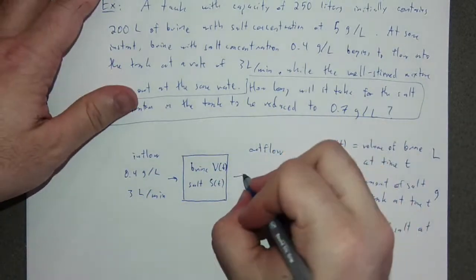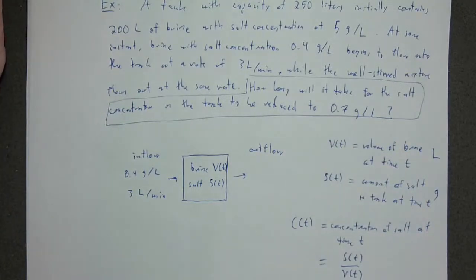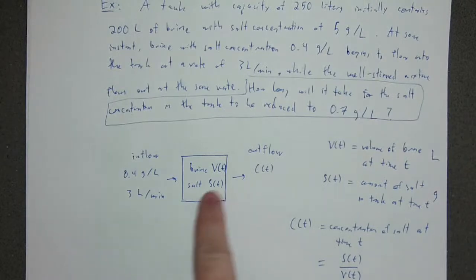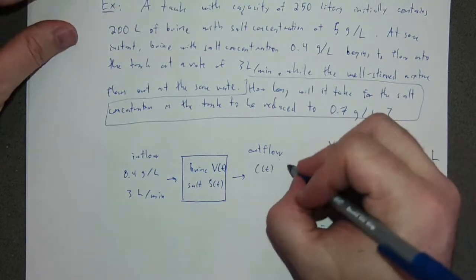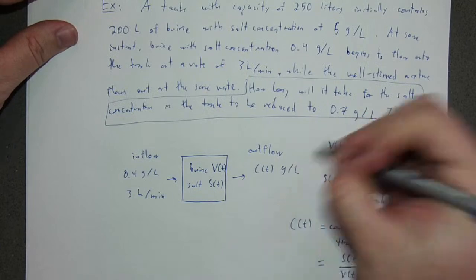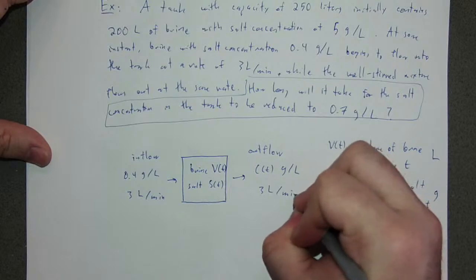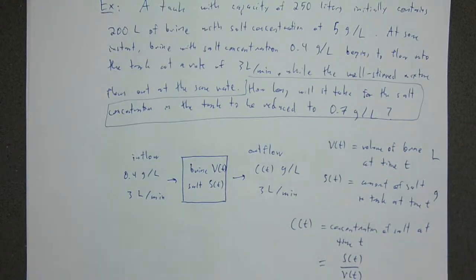The outflow has some mystery concentration that I don't know. It's whatever the concentration is at time t, measured in grams per liter, and it flows out at the same rate, 3 liters per minute. So what is it that I'm being asked in this boxed question?